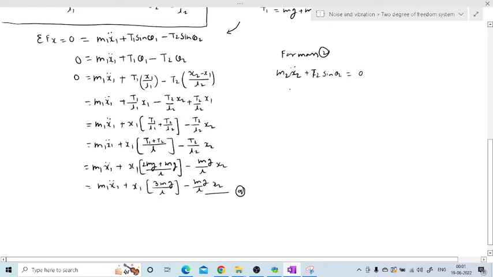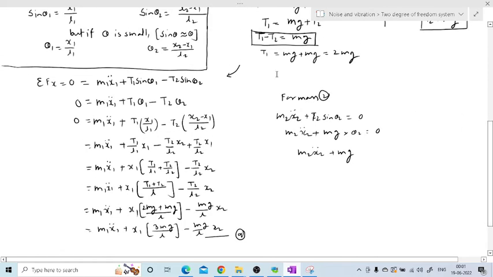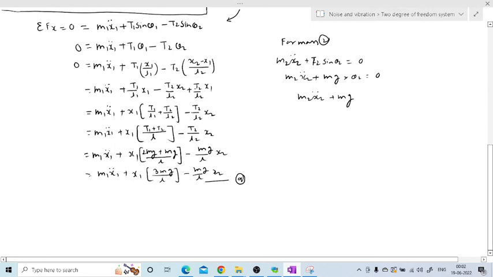So I'll rewrite m2 x2 double dot plus T2, which is nothing but mg, and sin theta 2 is equal to 0. So m2 x2 double dot plus mg, what is the value of sin theta 2? Just check here, x2 minus x1 divided by L. So I'll write here x2 minus x1 divided by L.